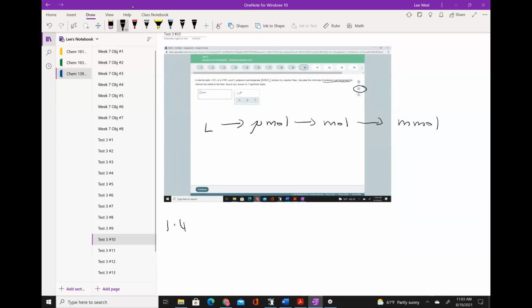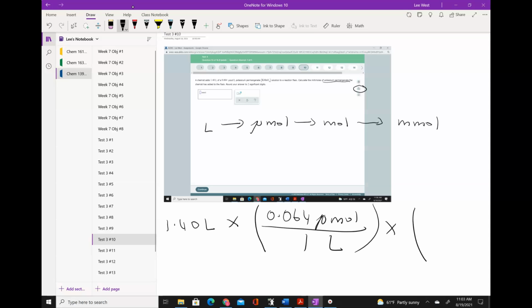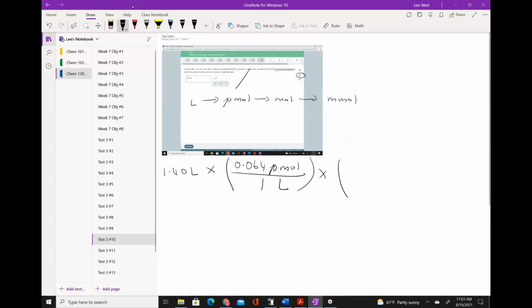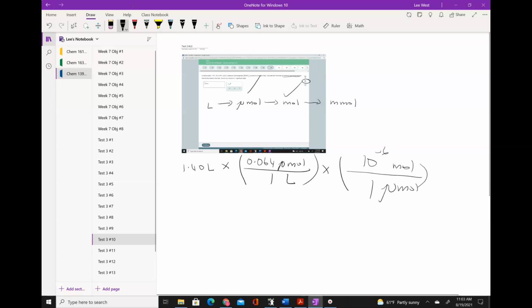So I'm going to go 1.40 liters, and we want liters on the bottom here: in every 1 liter, 0.064 micromole. There it is. And that gets me to there. Now I know that 1 micromole is the same as 10 to the minus 6 moles, so that gets me to there.